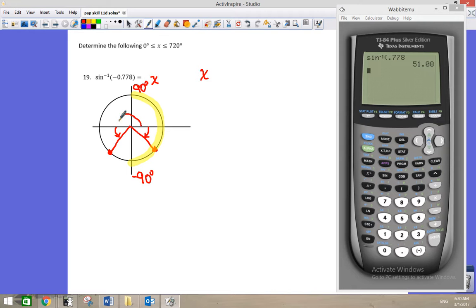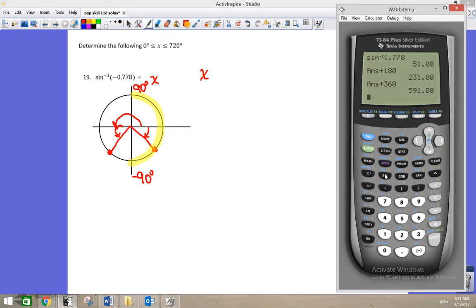If I add 180 to that, then I get the first of the solutions that this point provides. So if I add 180 to that, then there's 231 that's between 0 and 360. If I add another 360, there's the second solution that this point provides. So I had 4 solutions from 0 to 720 that satisfy this equation, and 2 of them are right here.